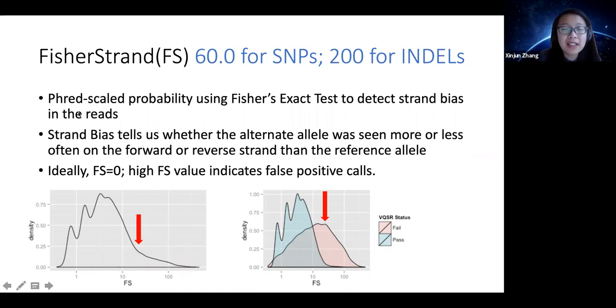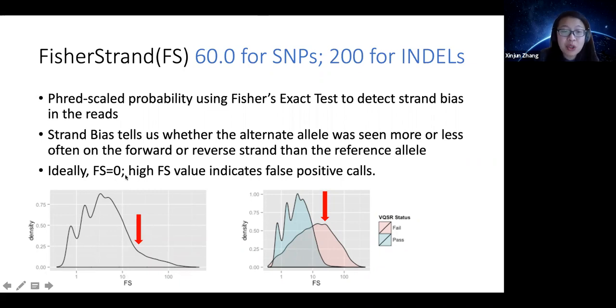For that Phred scale probability, we can use a Fisher's exact test to see how good that genotype call actually is. Ideally, we want the Fisher exact test to tell us there is a good distribution between the alternate and reference allele. So ideally, we want this statistic to be 0.